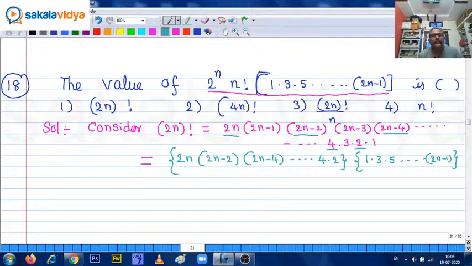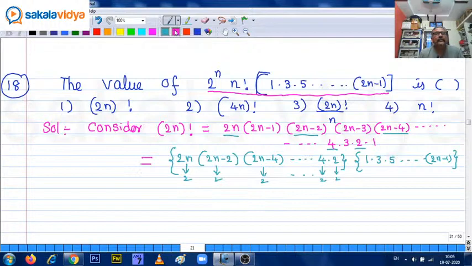Now this 2n is divisible by 2, 2n minus 2 is divisible by 2, 2n minus 4 divisible by 2, 4 and 2 also. We can take 2 common from each of the factors. That means if you take 2 common from each of the factors, the 2 gets how many times actually? n times we will get it.